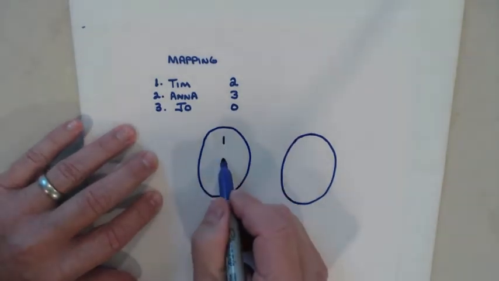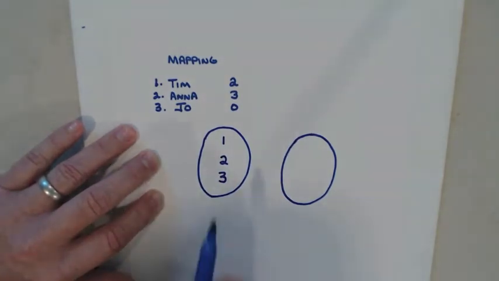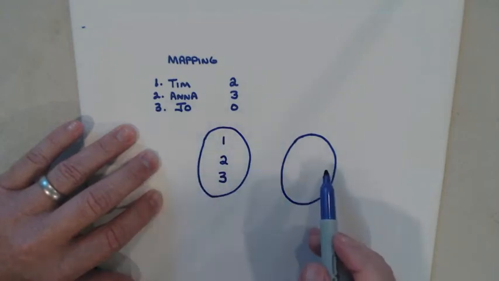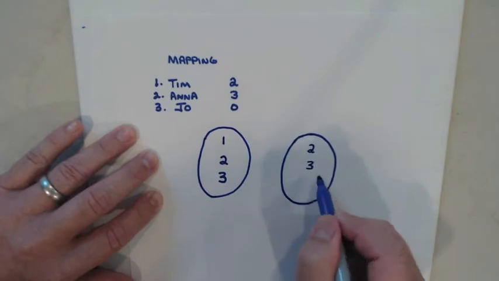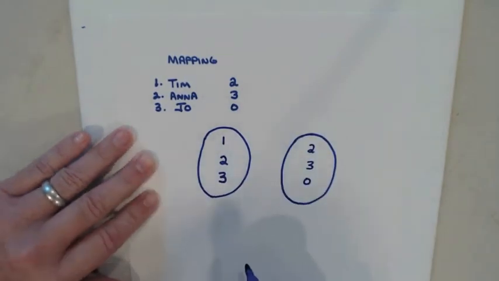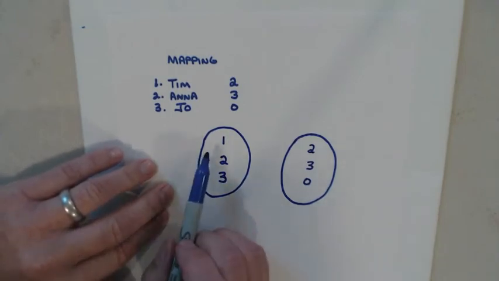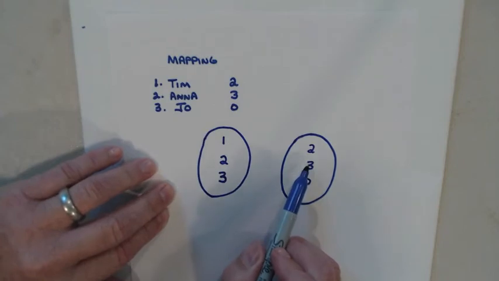Person number 1, person number 2, person number 3 go inside this circle. This is going to be the people. And then the number of dogs goes in this area over here: 2, 3, and 0. And what I do is I simply connect the person over here to the number of dogs they have, like this.